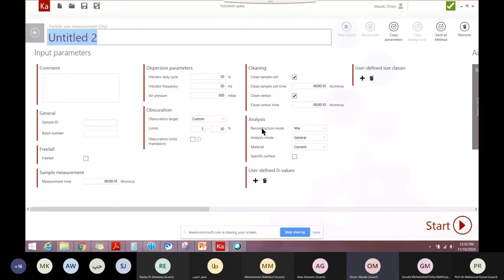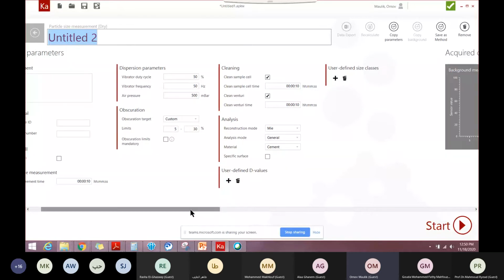As I have mentioned here, you are basically dealing with the vibration of the vibrator, and on that you can measure the particle size. So, for example, I can measure one sample on the dry measurement mode.